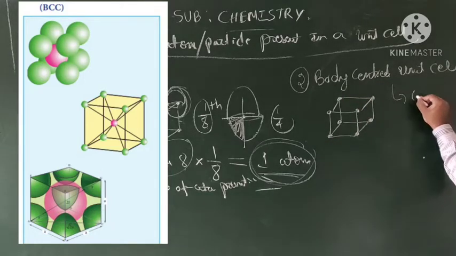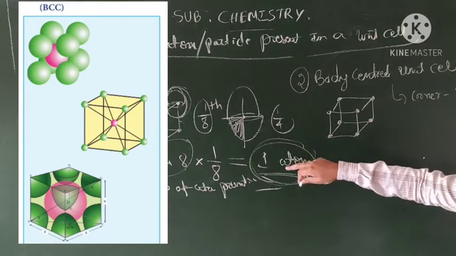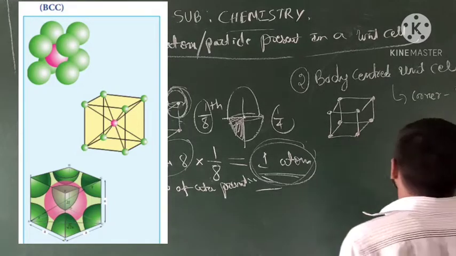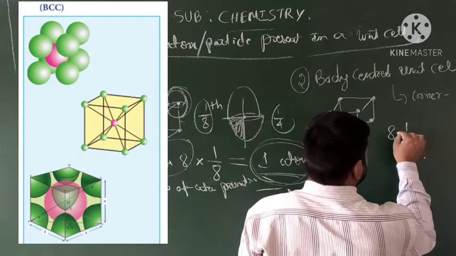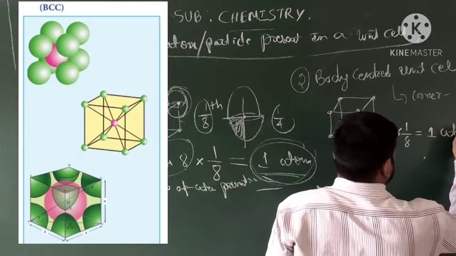What is this? Corners. How much? 8 corners. 8 corners means how much is the involvement? This is 1/8. One atom is present. Okay students? These are the 8 corners: 8 corners, 1/8 each, gives 1 atom.